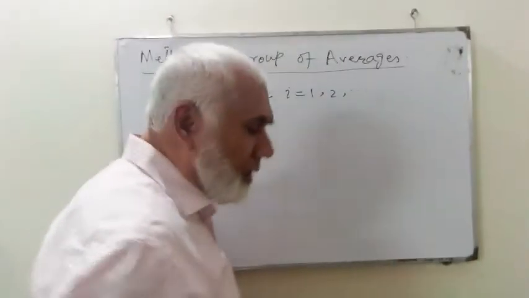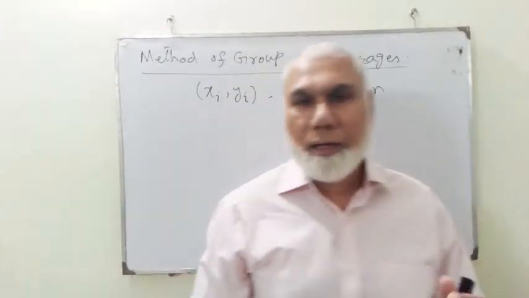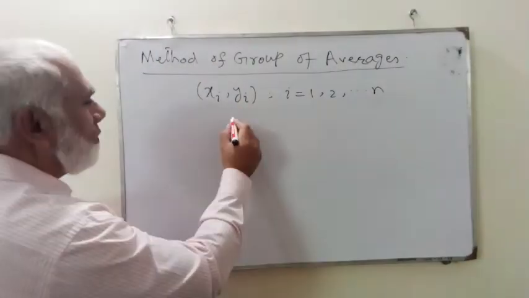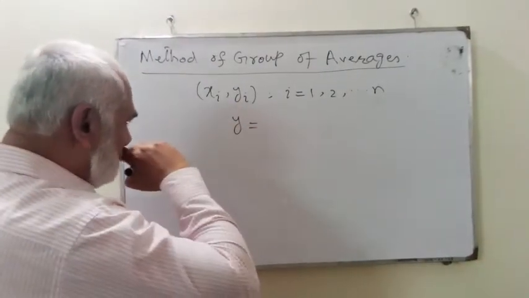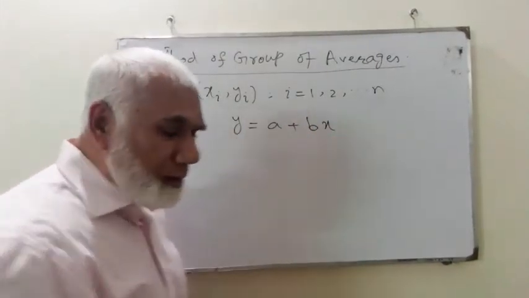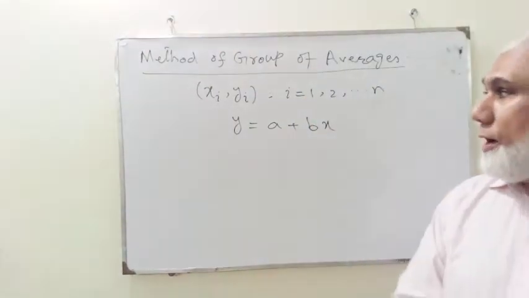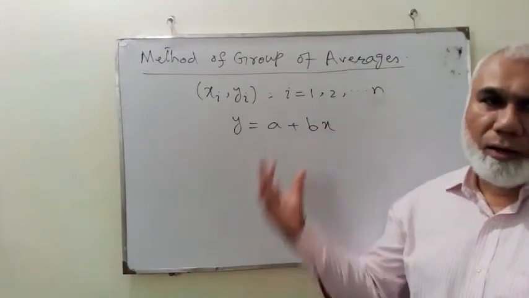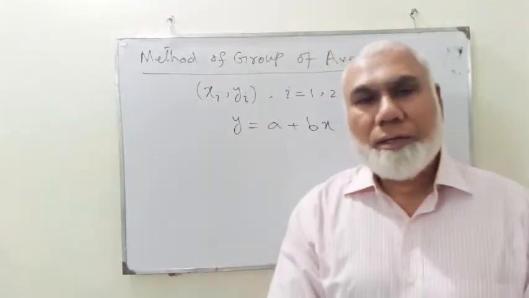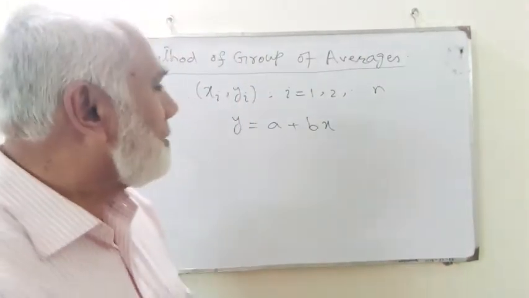So you can say these are n points, and the curve which we are looking to pass through these points is a straight line of the form y = a + bx. This is the line we are going to make pass through the given set of points, and of course you already know about this line as we discussed in the previous lecture.